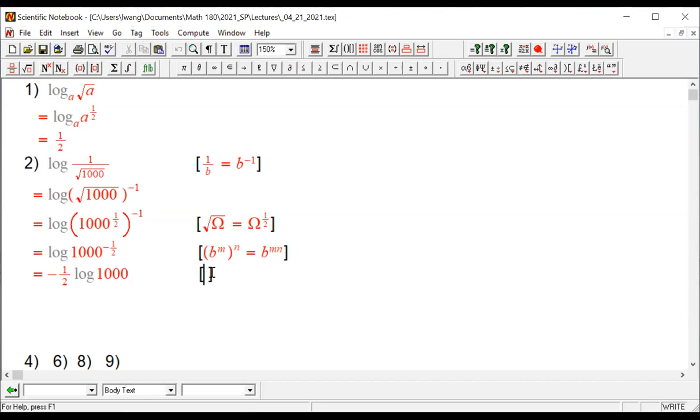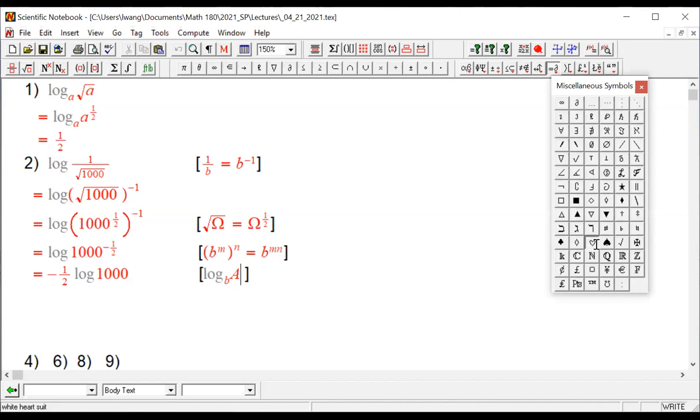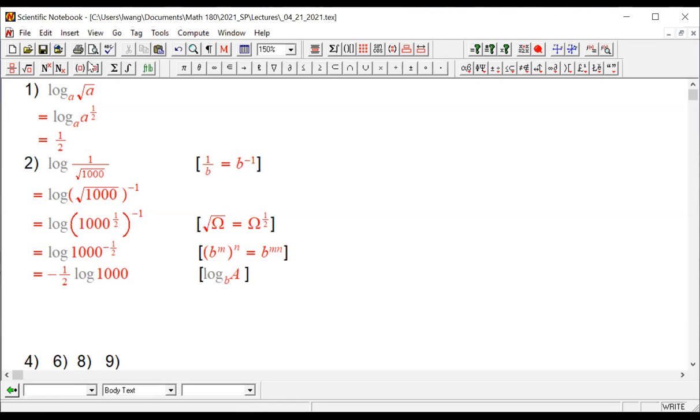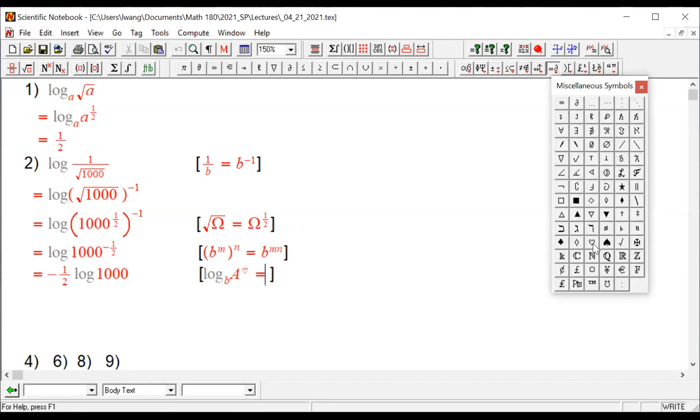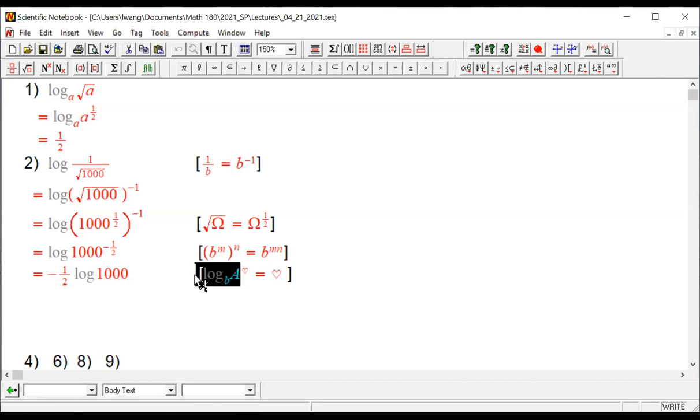He used the power property: log base b of A to the power of heart equals heart multiplied by log base b of A. That's the property he used, right?